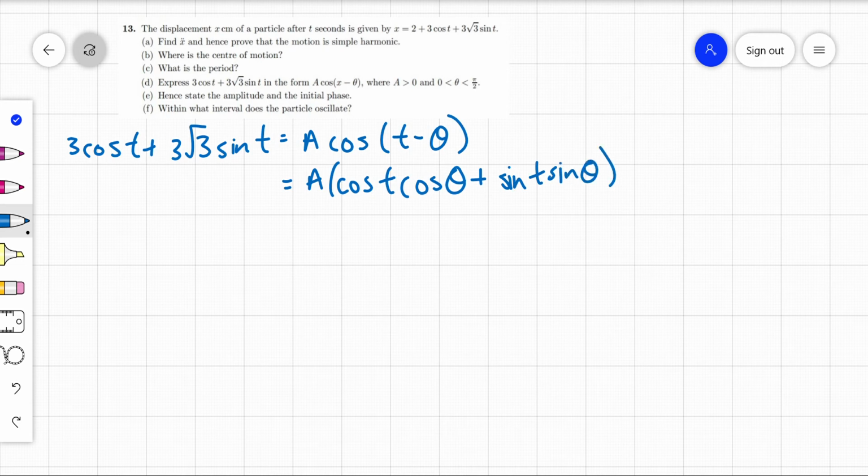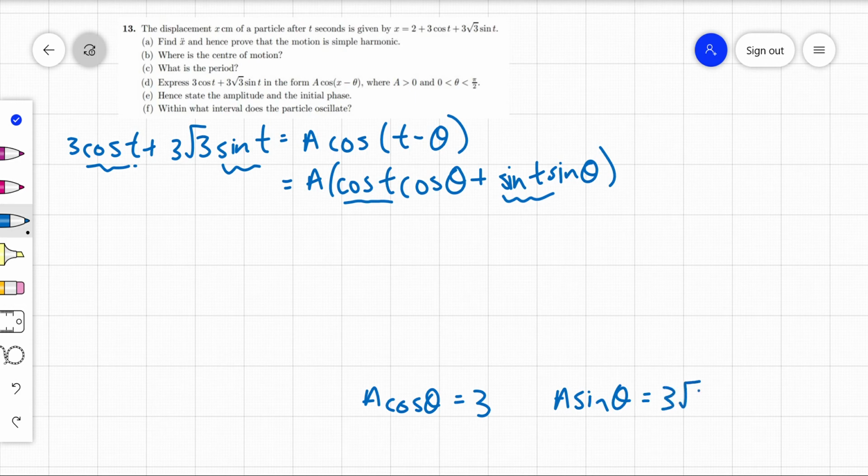Okay, so we've got to figure out what that is. You can see that cos t is there, so a cos theta has to equal 3, and the sine t is in here, so the other bit, a sine theta, has to equal 3 root 3.